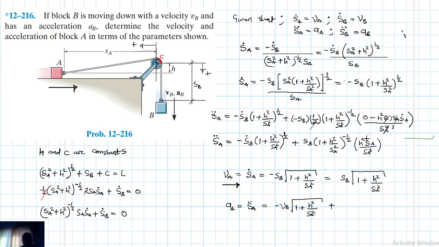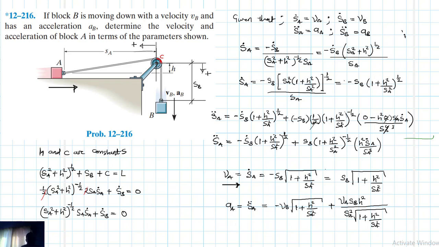This one here is S dot, so this becomes our S dot, we know is VA, then SB, then h squared, and everything divided by SA to the power 3, then square root of 1 plus h squared divided by SA squared.